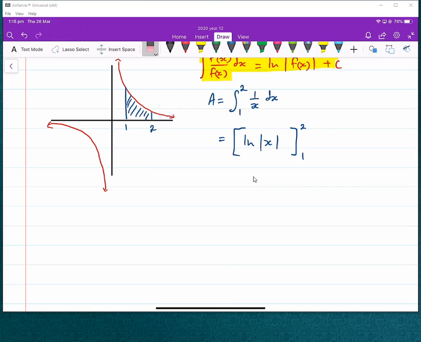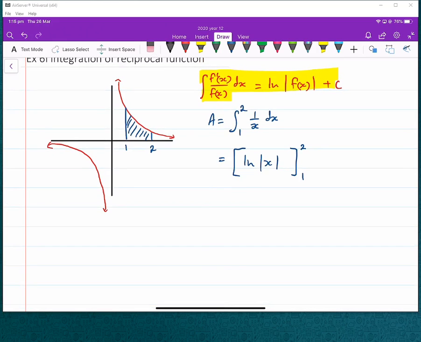So the area that I've just shaded in this picture is equal to ln of 2 minus ln 1, and we know ln 1 is 0, since e to the power of 0 is 1, so that's just going to give us ln 2 as our area.